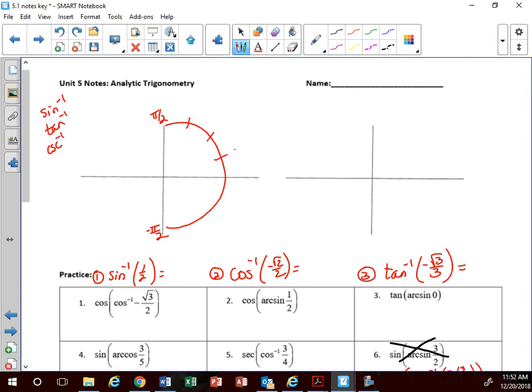So first quadrant, we know pi over 6, pi over 4, pi over 3. And this is 0. But what do you think about the fourth quadrant? Am I going to call that 11 pi over 6? What'd you say? Negative pi over 6. Yeah, negative pi over 6.